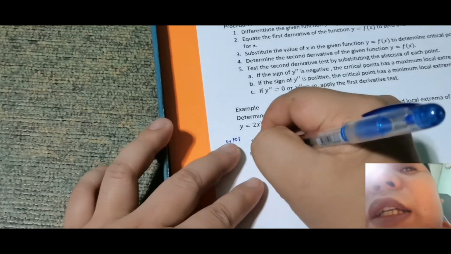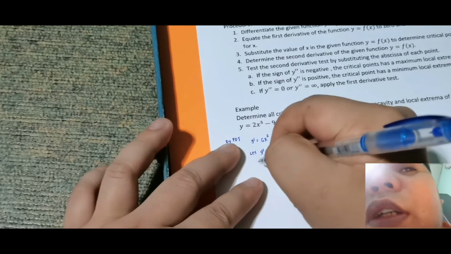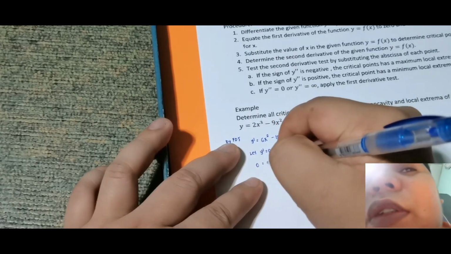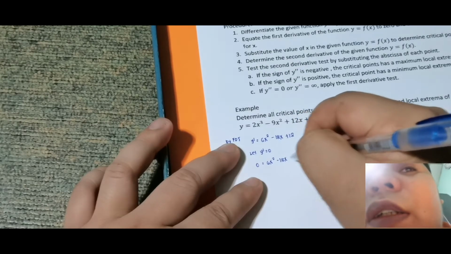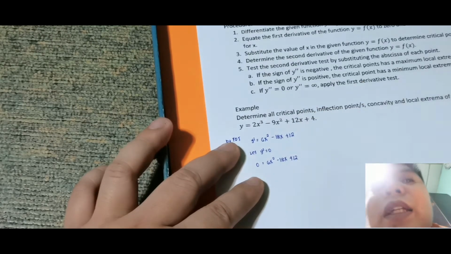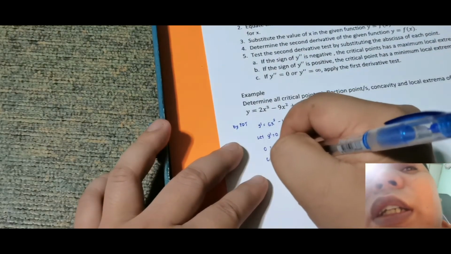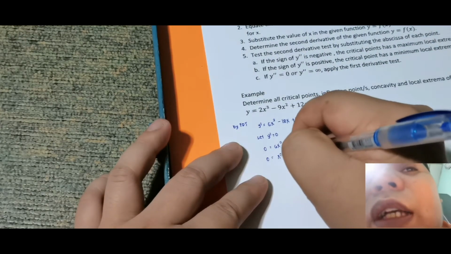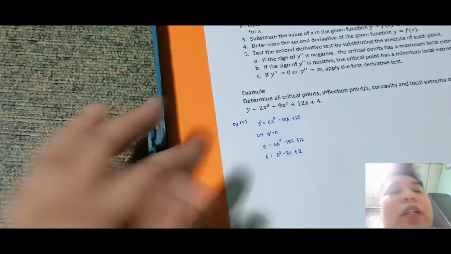Then let natin y prime is equal to 0. So this is just 0 is equal to 6x squared minus 18x plus 12. Then divide natin lahat by 6 para ma-reduce yung equation. So divide by 6, this is 0 is equal to x squared minus 3x plus 2. Then find the value of x.